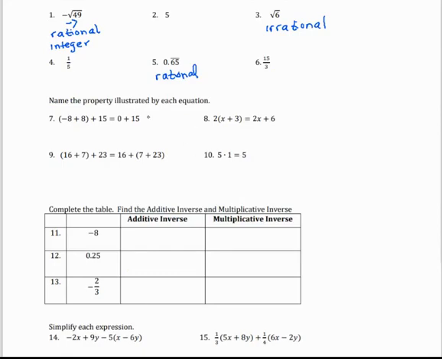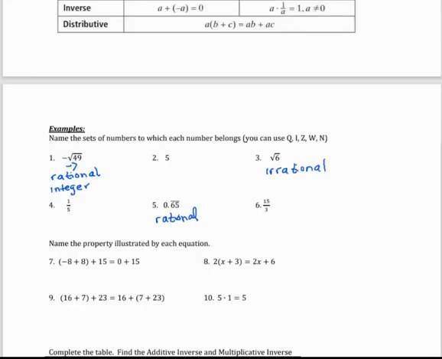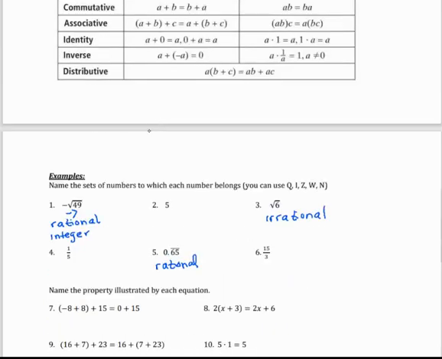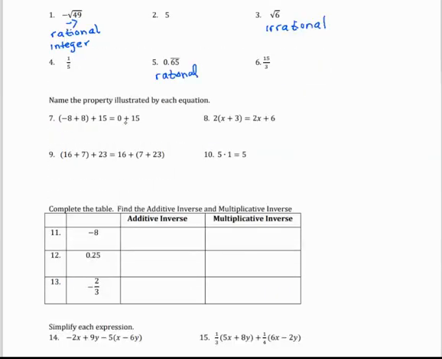Next, we have properties. And the properties that we're talking about refer up to here: commutative, associative, identity, inverse, distributive. So if we look at these properties, we're going to ask ourselves, what is the property that's being illustrated? So we have that negative 8 plus 8 plus 15 is the same thing as 0 plus 15. So what did we do? What changed?